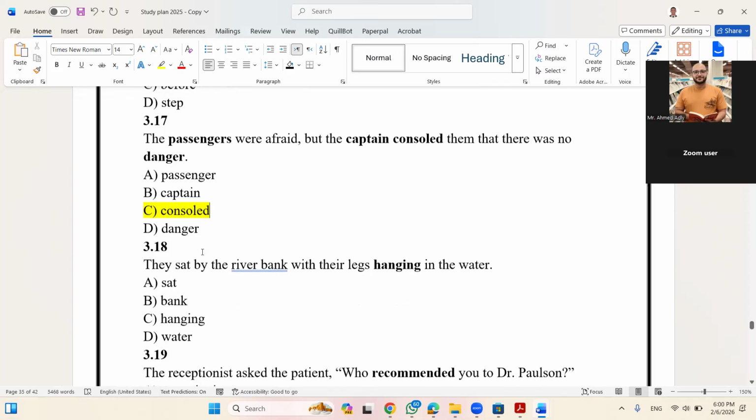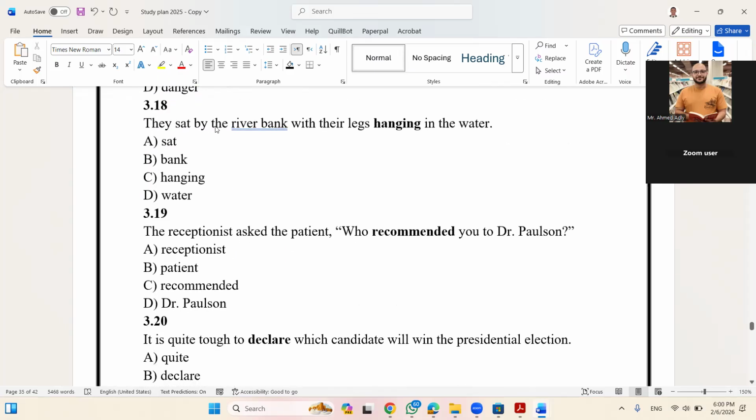All right. They sat by the river bank with their legs hanging in the water.